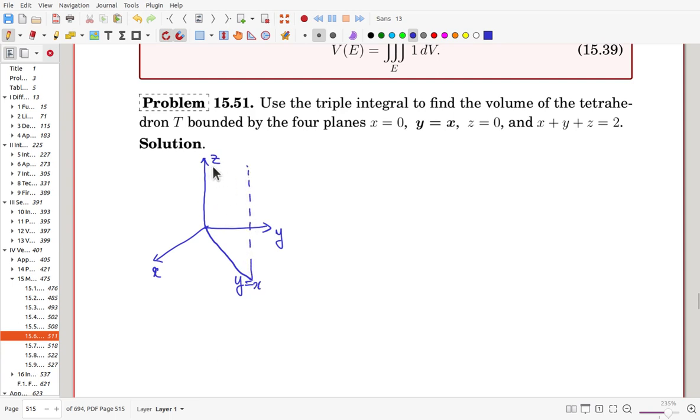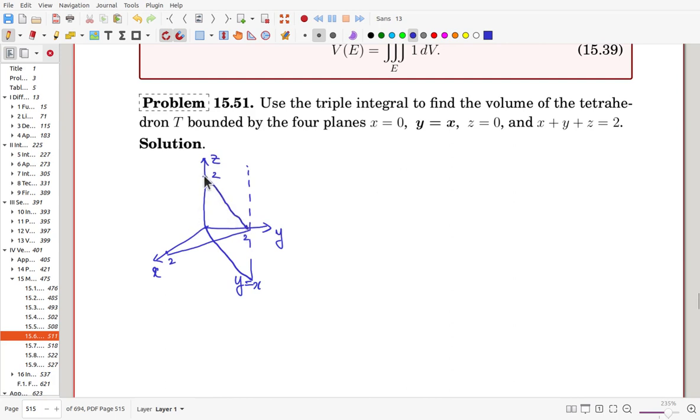Now z equals 0 is the bottom plane, and x plus y plus z equal 2 is a plane passing through the intercept 2 here, and again 2, and again 2 in the z direction. Now this one is a line, and that one.